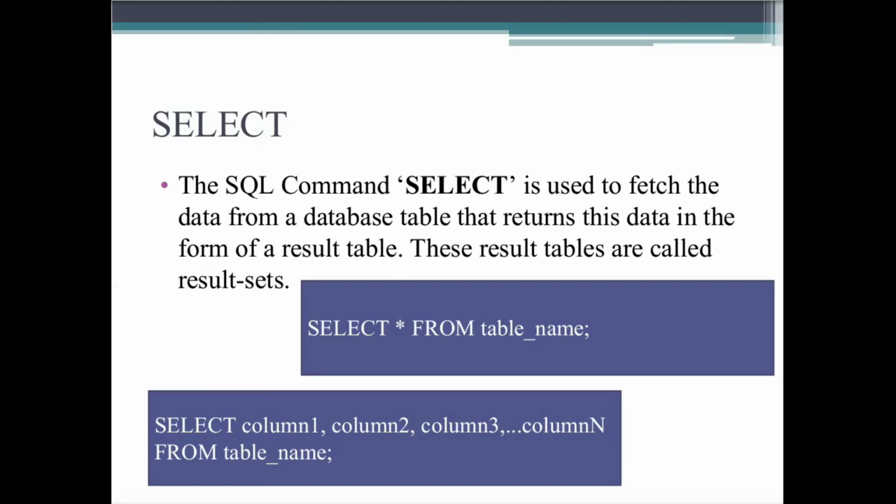Also, SQL gives an option so that we can extract only particular fields by mentioning the column names or field names instead of star. The syntax is select column 1, comma column 2, comma column 3, comma column n from table name.